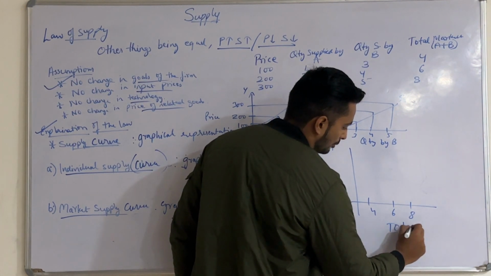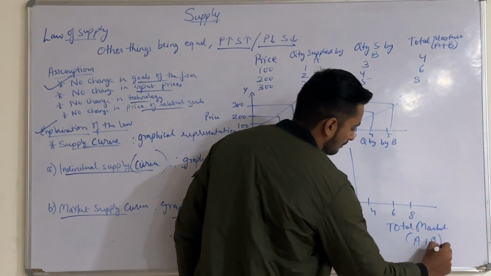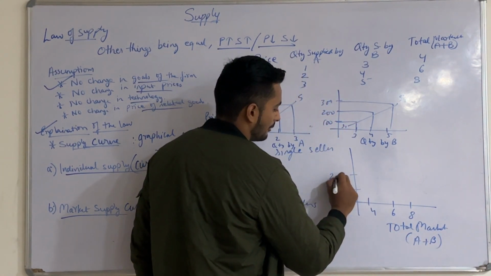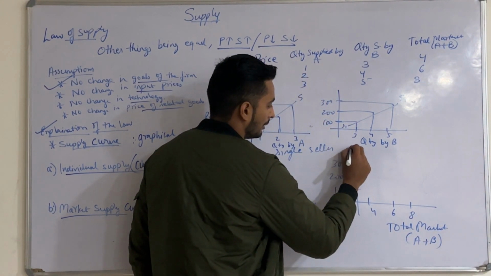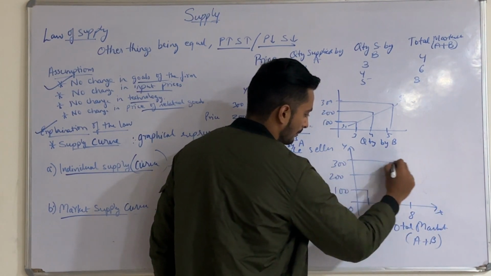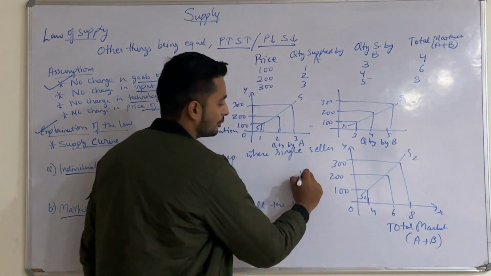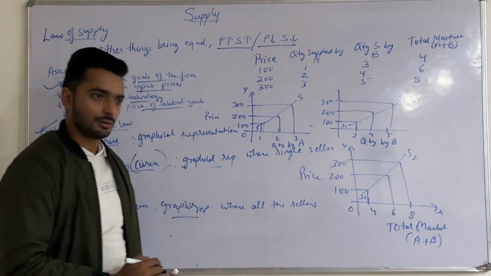This is your total market, that is A plus B. Price will be the same, 100, 200, 300. Again, upward slope, S2. This is your market supply curve.